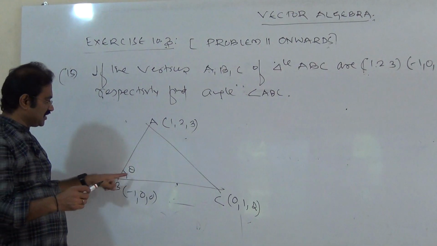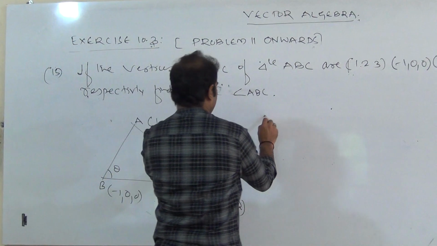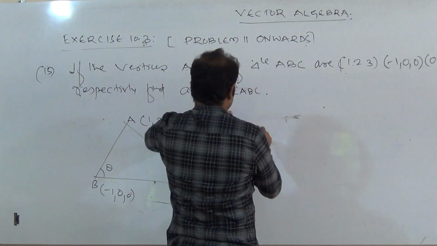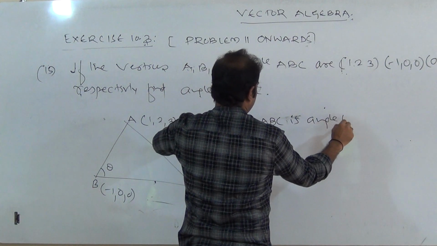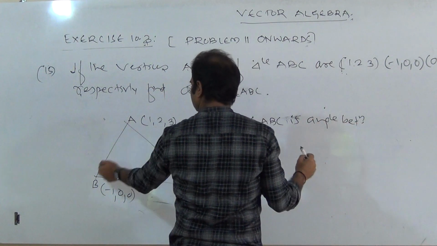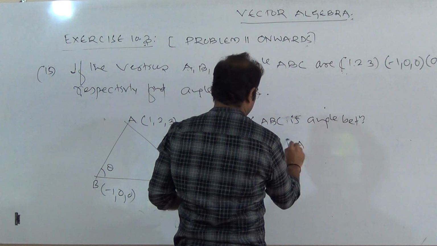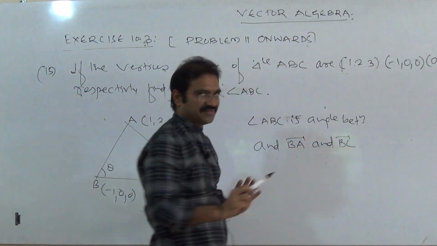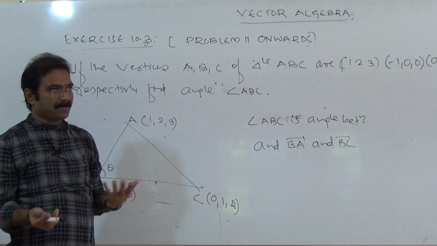Angle ABC is the angle between BA and BC. Therefore, I have to find BA and BC first. What is my procedure? I tell you.